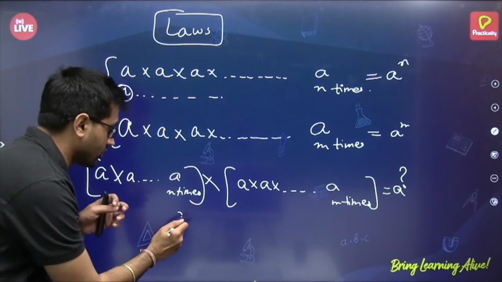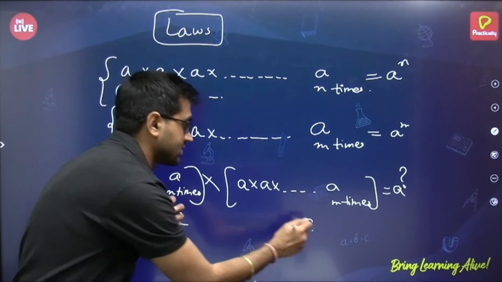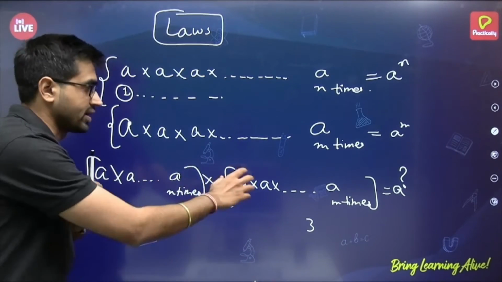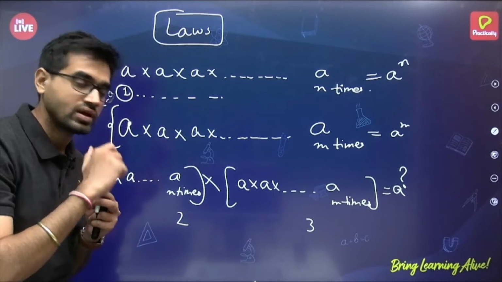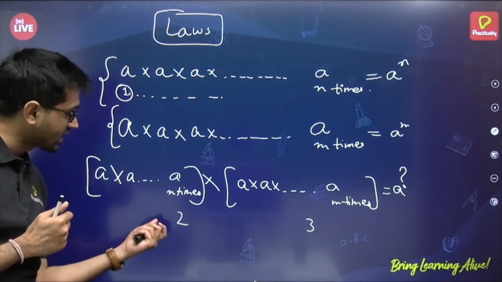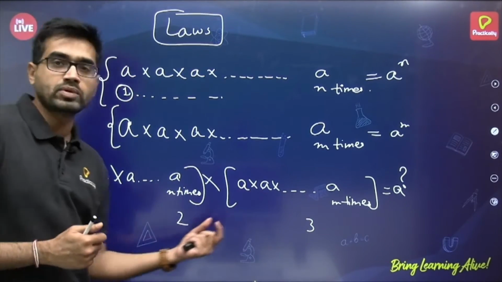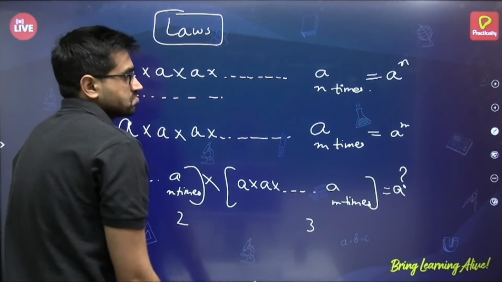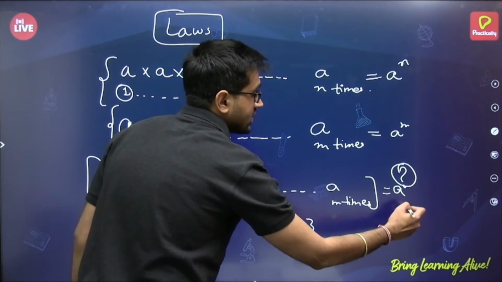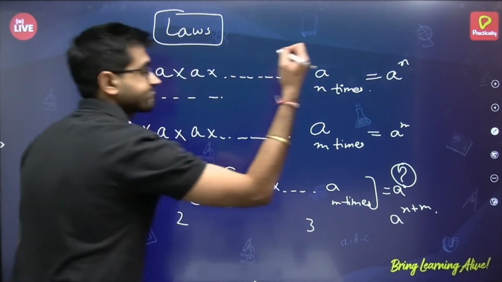Let's say n is 2 and m is 3. How many a's do we have? 2 here, 3 here, total 5. What did you do? You just added this number with this number. So this became 2, this became 3. So very simple. This will be replaced by nothing but n plus m.